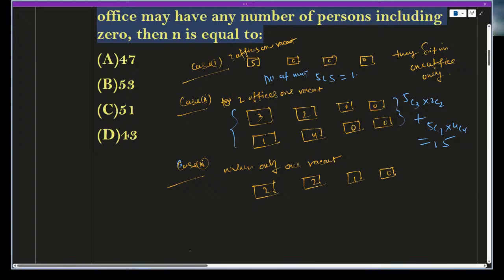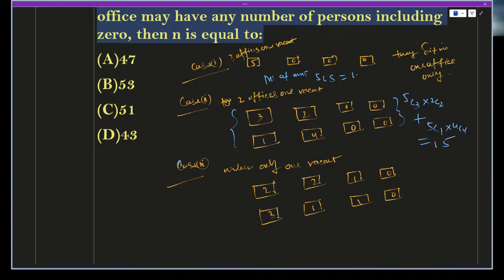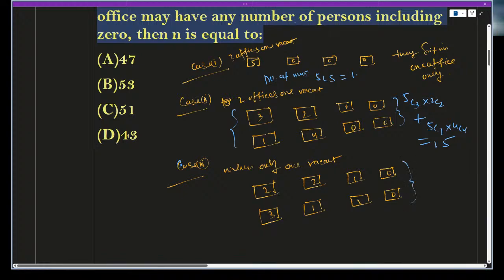Is it possible? 3, 1, 1, right? And you cannot arrange in between them, isn't it? So how many cases will there be? Just do it. 5C2, 3C2, 1C1. Achha, these two are the same, no? You cannot distinguish between them, I told you.